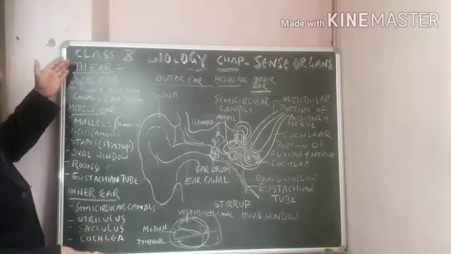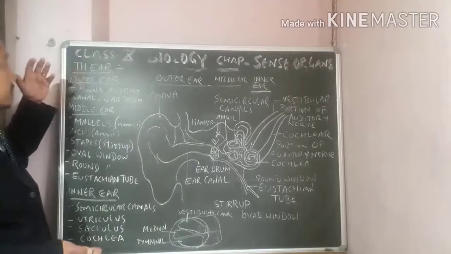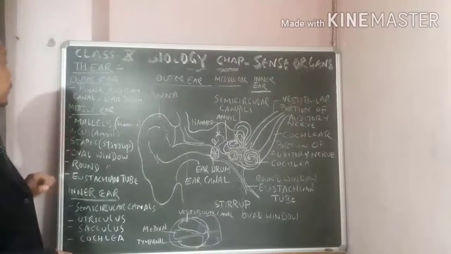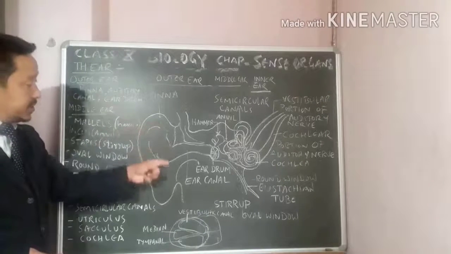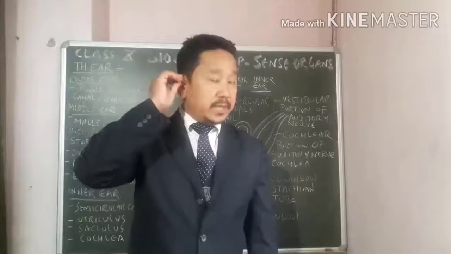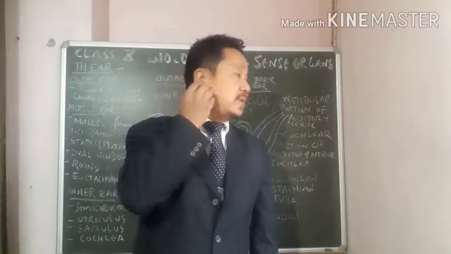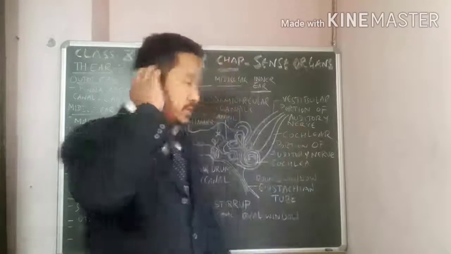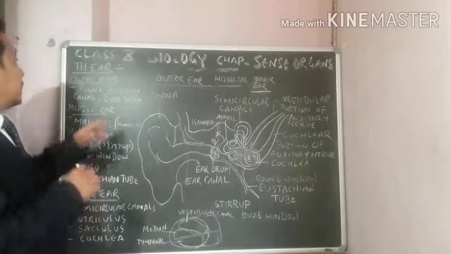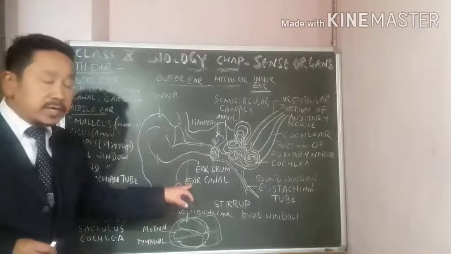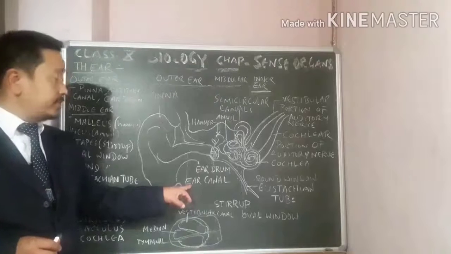The outer ear includes the pinna. This region is called the pinna, and the last part of the pinna is the lobule, which is not shown in the diagram. Then the auditory canal, which is also called the ear canal.